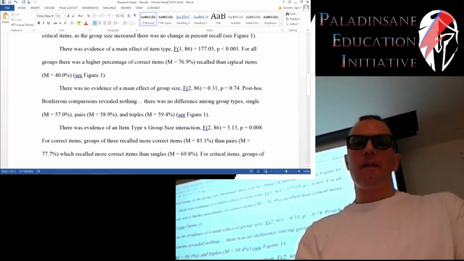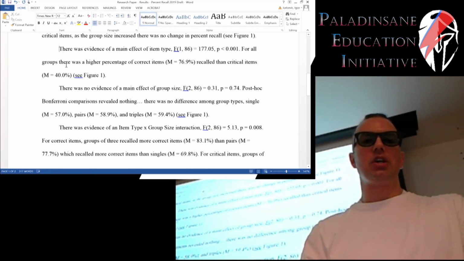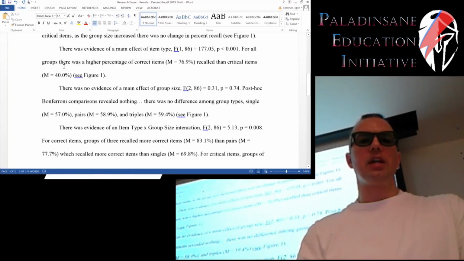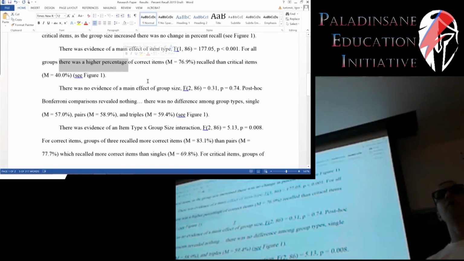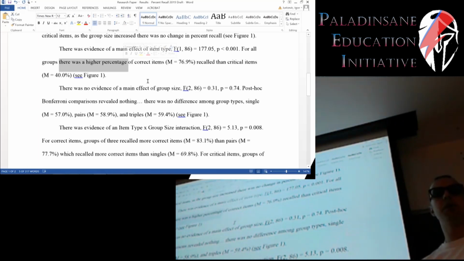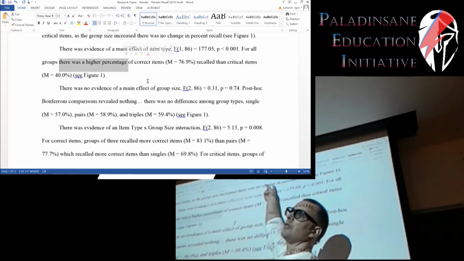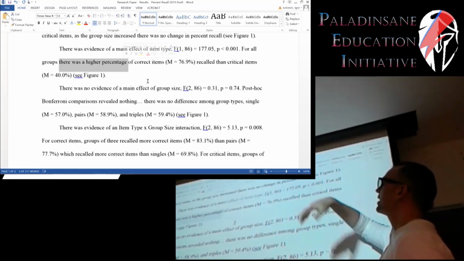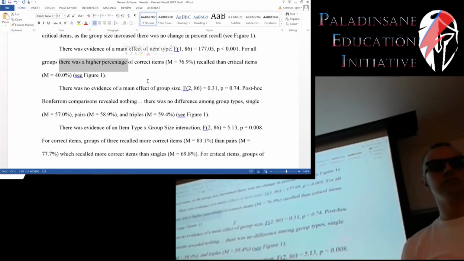So the one thing that I would definitely say we need to change here was this higher percentage. Once again, we just finished talking about percent recall. They just finished reading a general description with percent recall. So let's keep using that phrase. How can we rephrase this, but use the word percent recall?